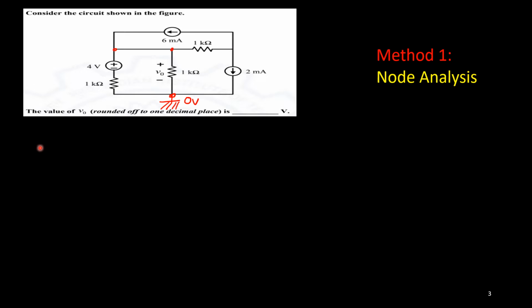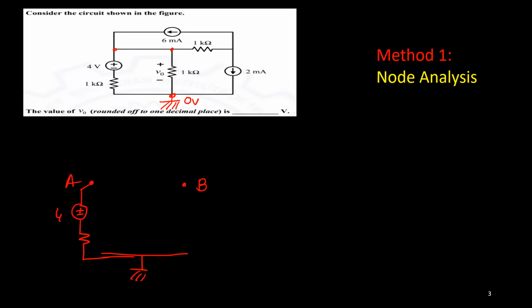Better we redraw the circuit and then explain. So we have two nodes, one is node A, the other is node B, and one node is grounded. From here you will see this is a voltage source and one resistance connected.